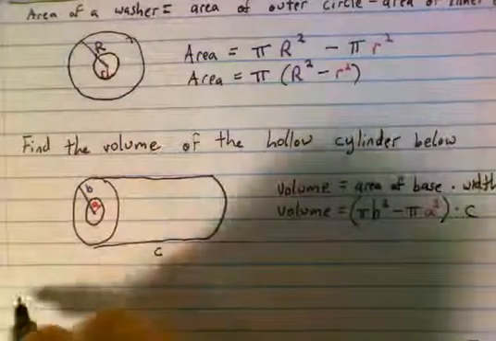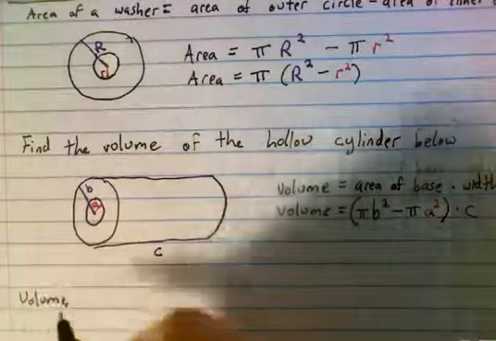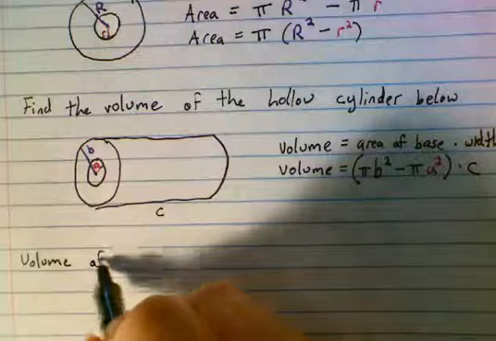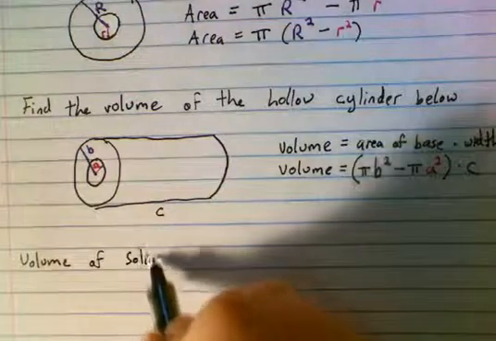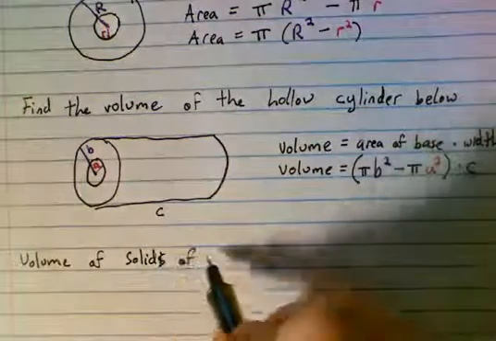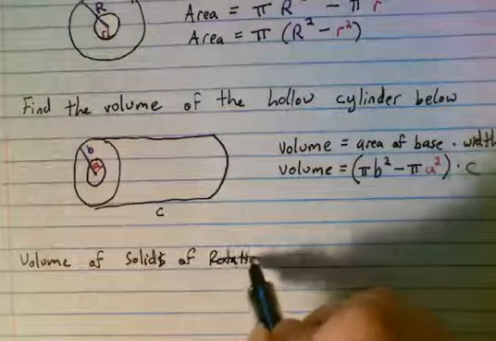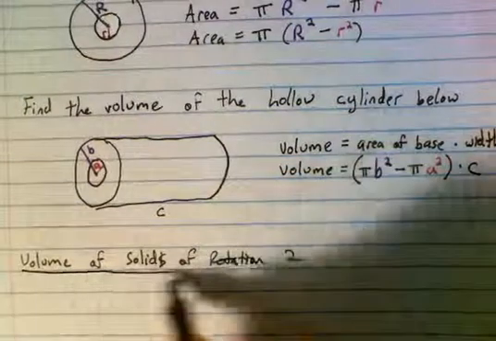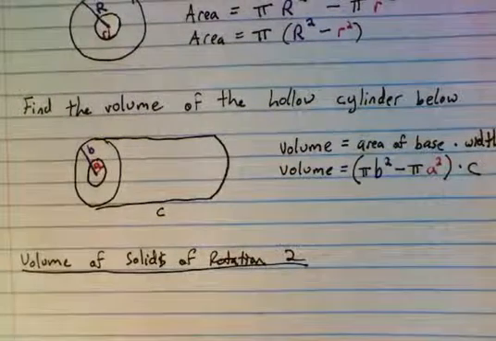So today we're working with volume of solids of rotation, and the second part of that. Let me give you a sample problem and then we'll see what's going on.